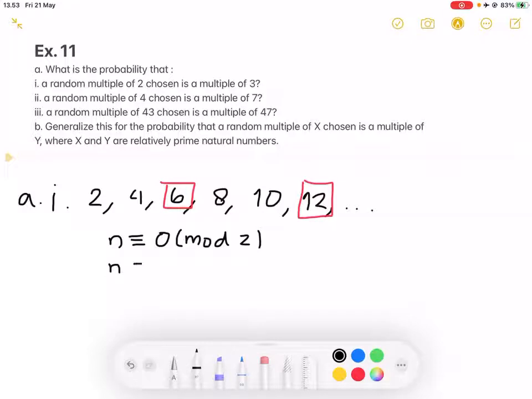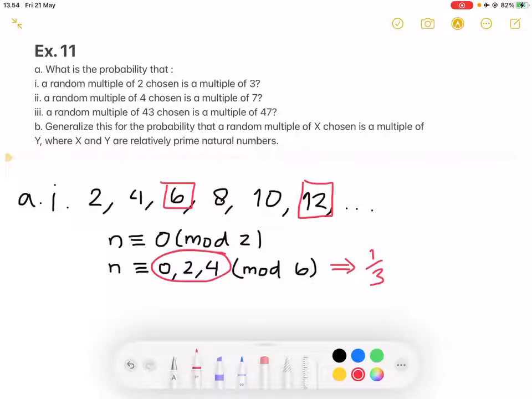With this, the possible values of n mod 6 will be 0, 2, and 4 mod 6. And notice n congruent to 0 mod 6 is the value that we've wanted in this question. Hence, our probability will be once every 3 times, since we have two other possible choices with a total of 3.